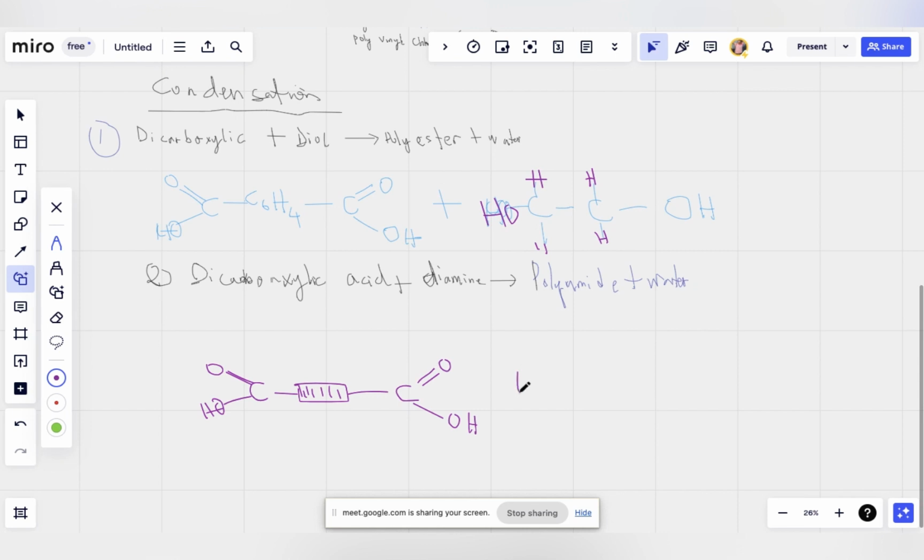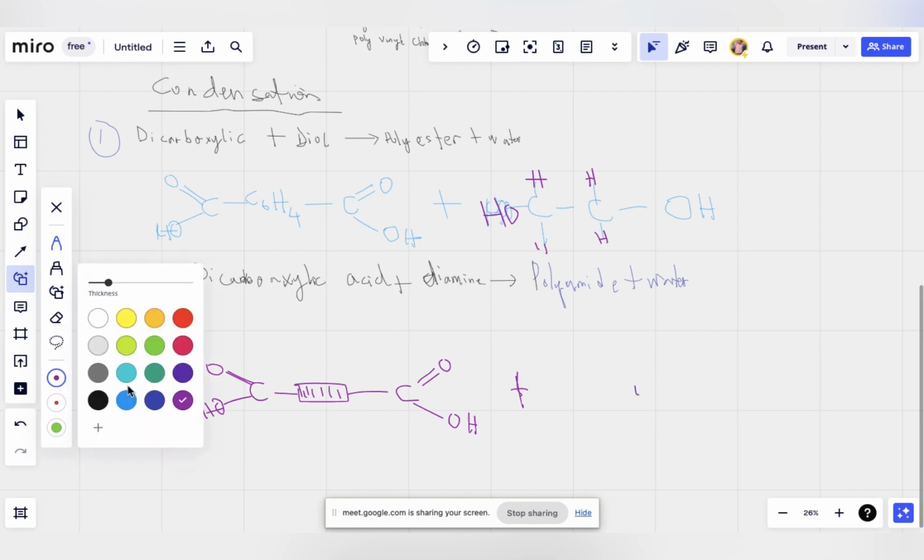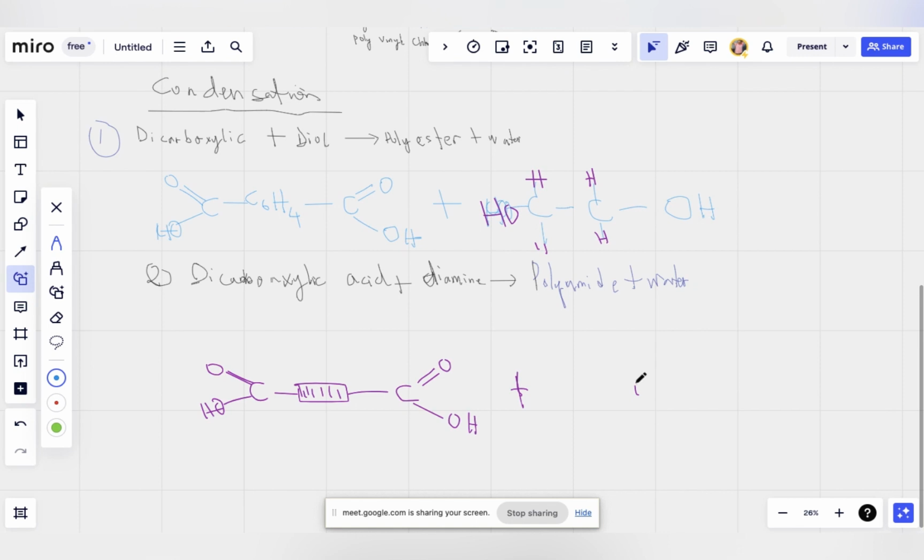We say plus this molecule. We represent this with a block. Maybe we just put a dot for this dione.